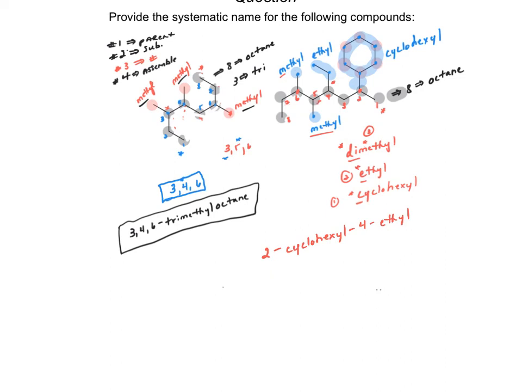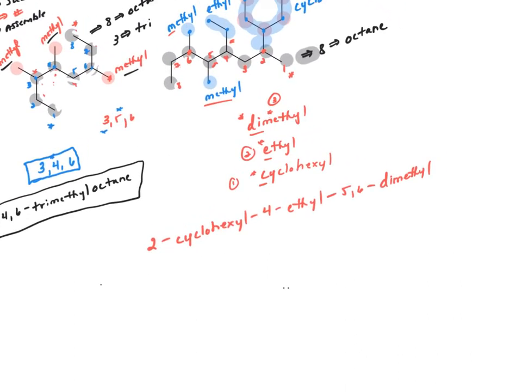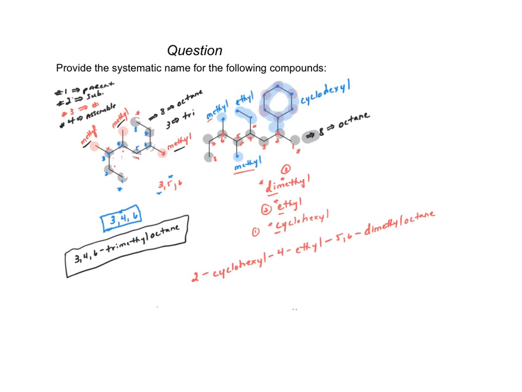Because it's dimethyl, you have to say where both of them are. So this is -5,6-dimethyl. Those are all of our substituents, and so then we'll move into the parent. Our parent here is octane. So 2-cyclohexyl-4-ethyl-5,6-dimethyloctane. And that is the correct IUPAC name for this structure.